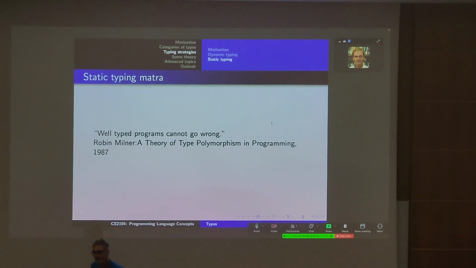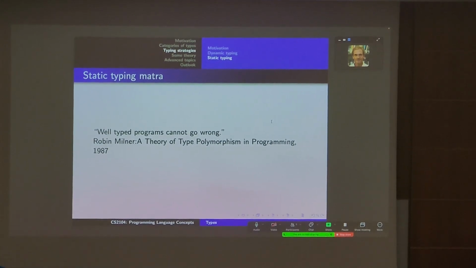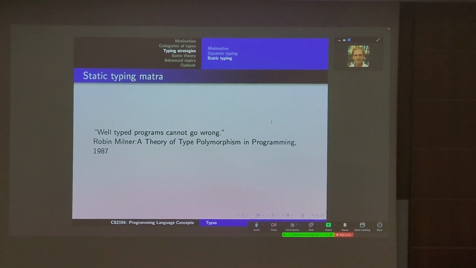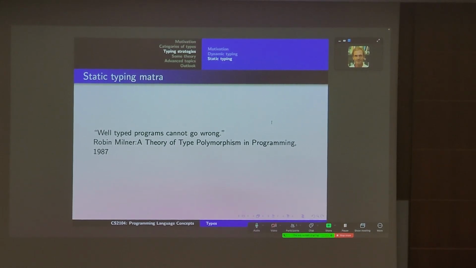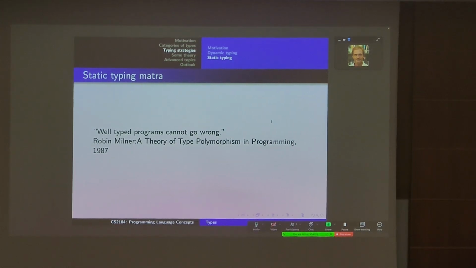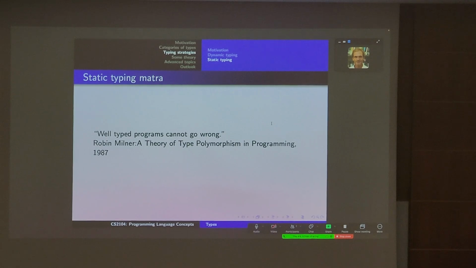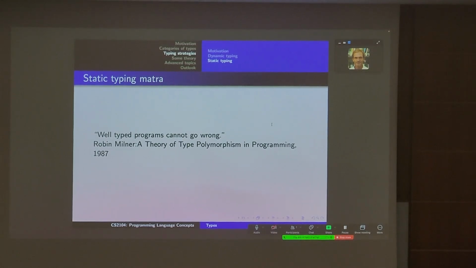And for me personally, that was also a revelation. I started programming in what were at the time considered very high-level programming languages. And indeed, the experience is, no matter how sophisticated your abstractions are, once your program passes the type checking, most of the time the bulk of the work is done.